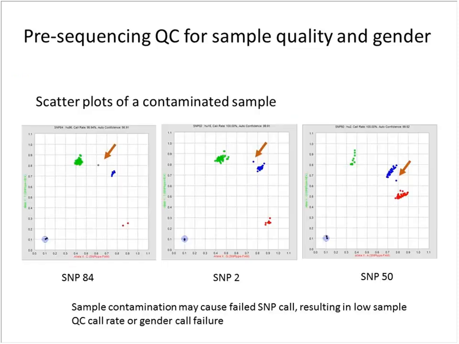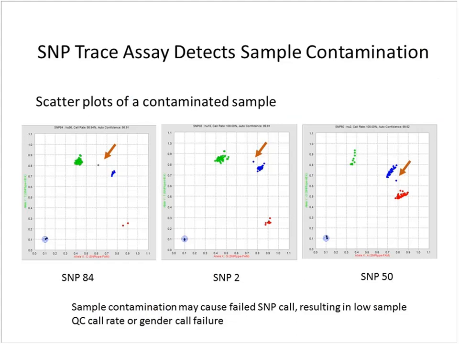When you check the individual SNP calls, this assay can detect sample contamination. This slide shows you an example of one contaminated sample, with screenshots for 3 different SNPs.